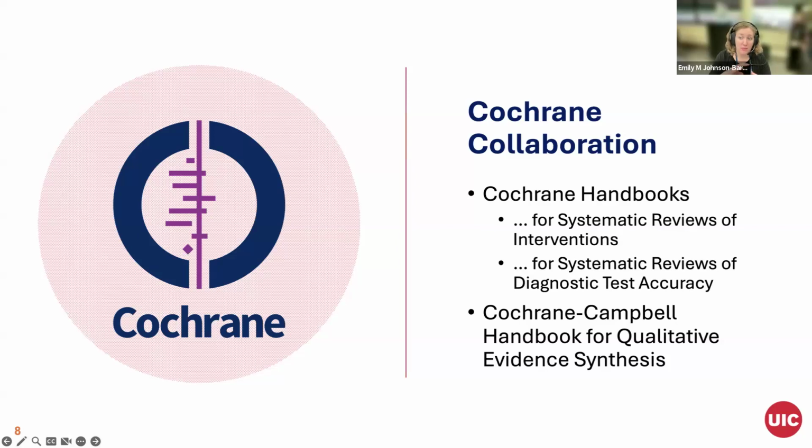It addresses more aspects of qualitative methodology when synthesizing, which addresses theory, meta-ethnography, as well as confidence. It's not complete yet, but I'm sure it'll be very highly used for qualitative evidence synthesis.